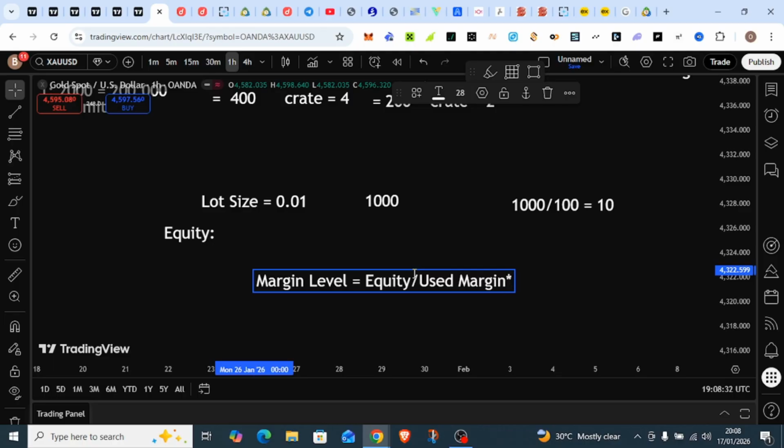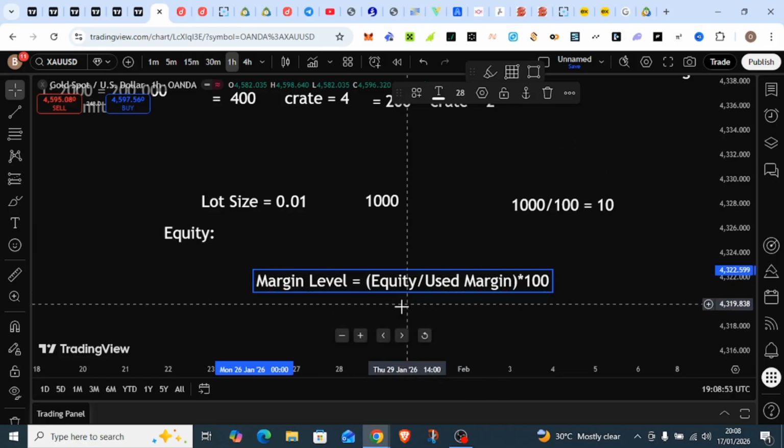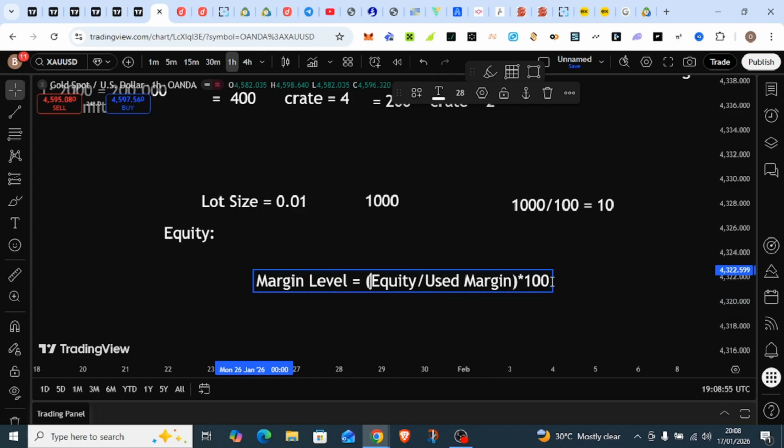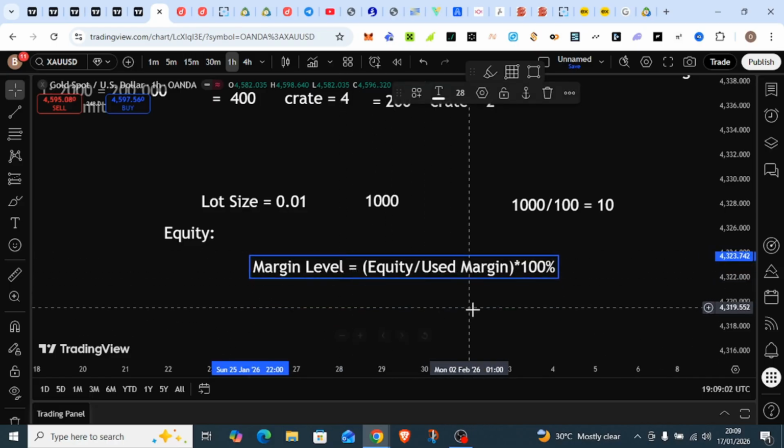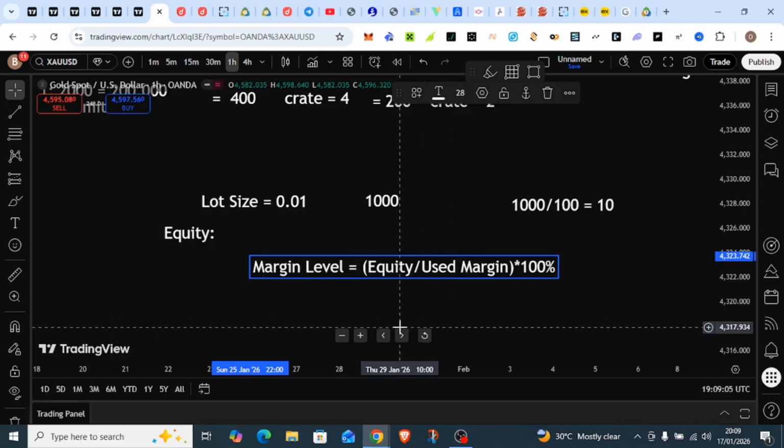Let me put this in brackets so that you will understand what I mean. So this is how it's written: equity over used margin times 100%. This is in percentage. What is used margin? Used margin is the portion of your equity locked up to keep positions open.